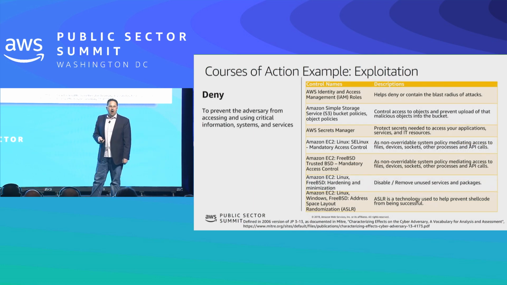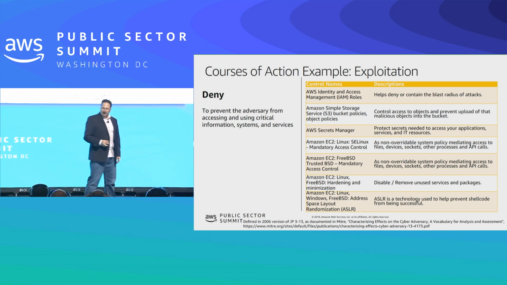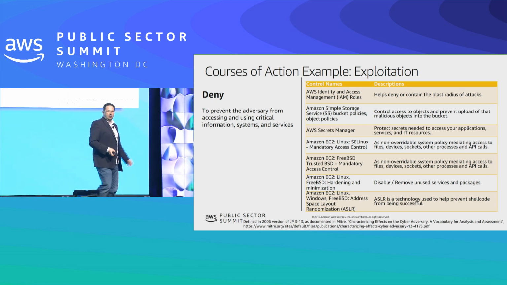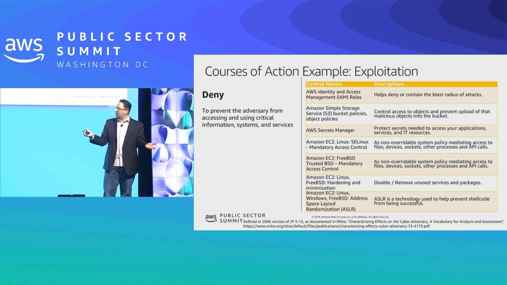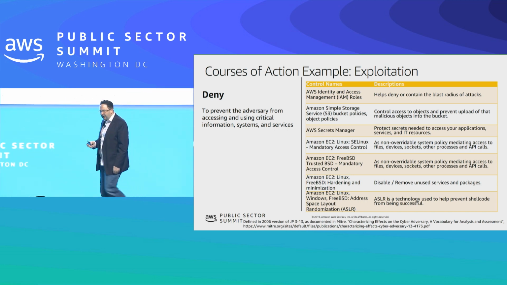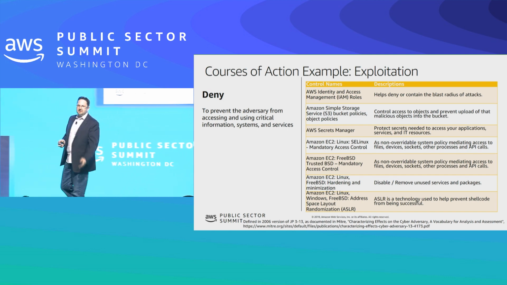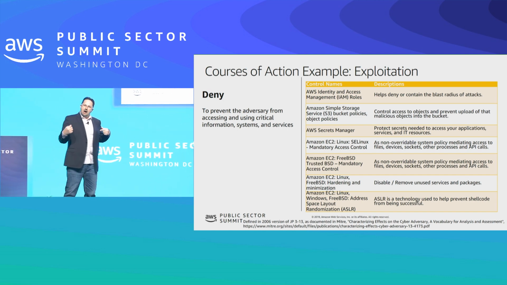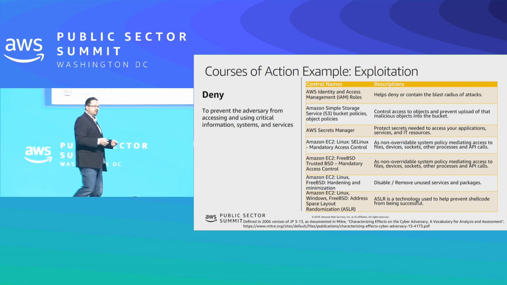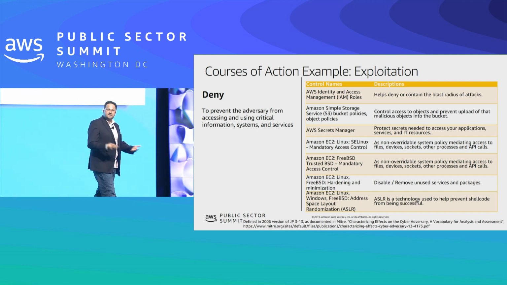So in deny, now we have a bunch of tools here in AWS that can help us deny exploitation. An example here would be IAM, Identity Access Management. Here we have a thing that you're probably familiar with already, roles, right? So instead of having long-life credentials, where once I give you a username and password, that username and password is in use for 90 days, now when someone goes to get access to a resource via a role, they have access for like 15 minutes.